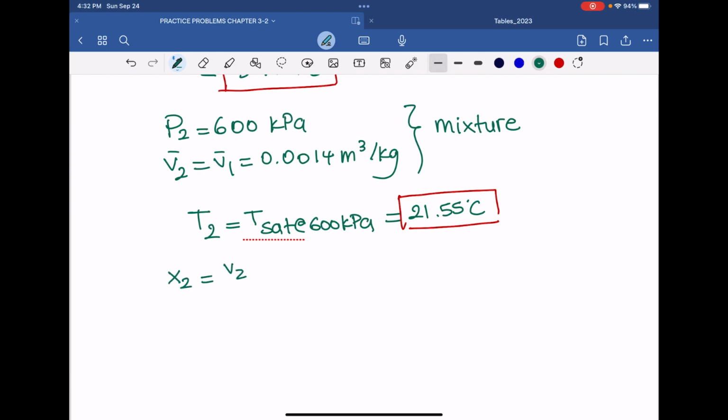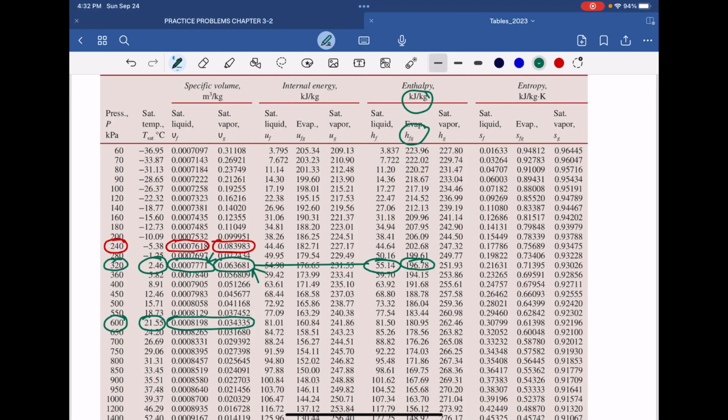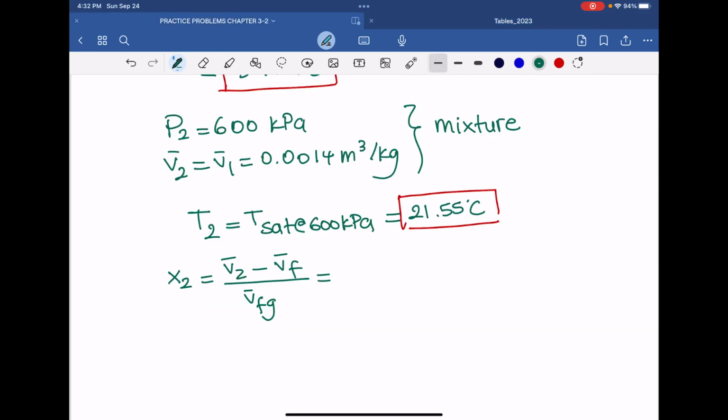Okay. All right, vf and vg. Again, going back, you need to read these values for vf and vg. Let's plug those in and calculate what the quality is.